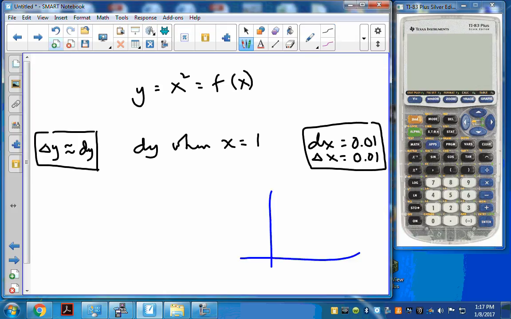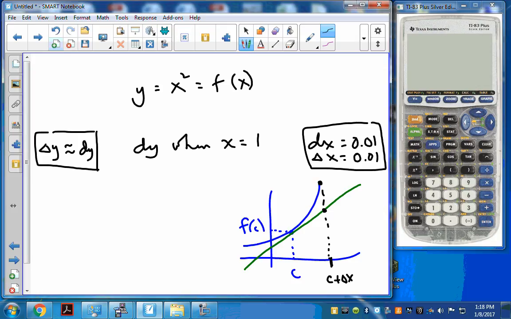If this is our curve and this is our point, here's C and f of C, and here's our tangent line. I'll do that in green. Tangent line in green. If you go a certain distance, C plus delta x, you will get a point on the line, and you'll get a point on the curve.